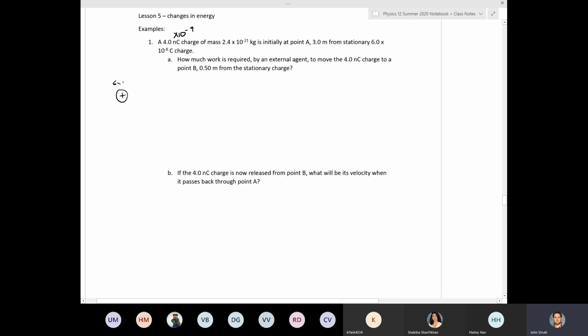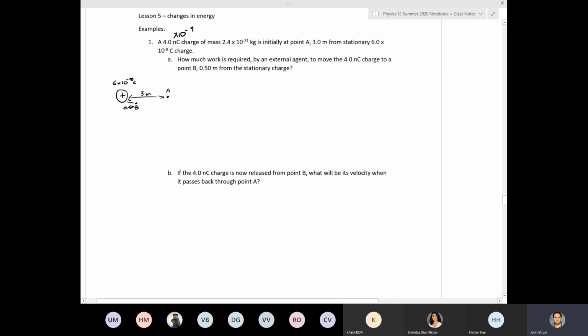Our 4 times 10 to the negative 9 coulomb charge is initially at point A, and this is 3 meters away. Point B is right here, where this is 0.5 meters.